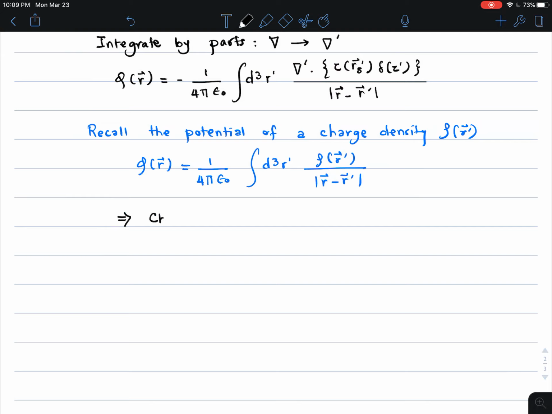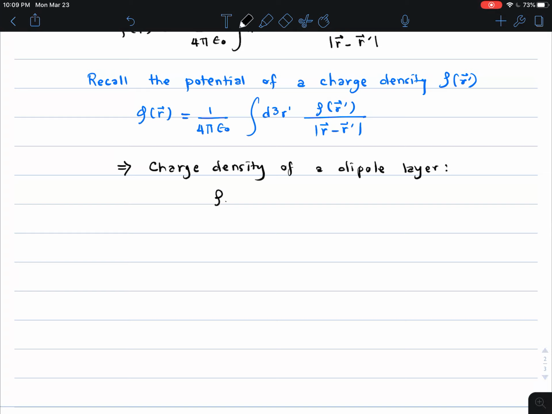So this implies that the charge density of a dipole layer is going to be rho L of r is going to be negative gradient of tau rs multiplied by delta of z.